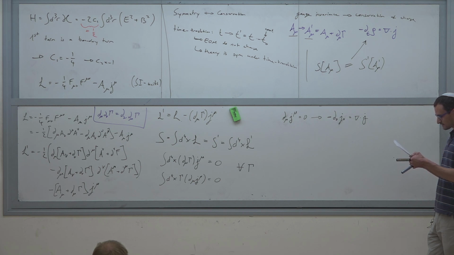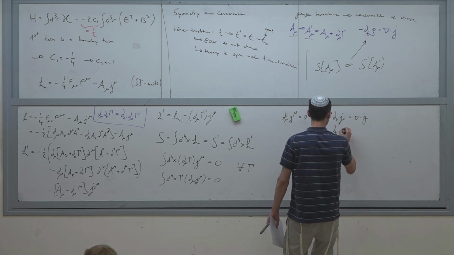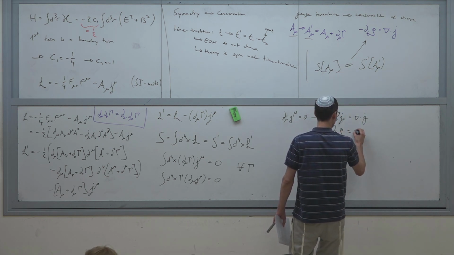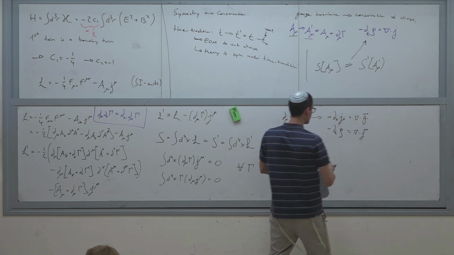Of course, you can now from here obtain, in our notations, dt rho equals minus div j vector.